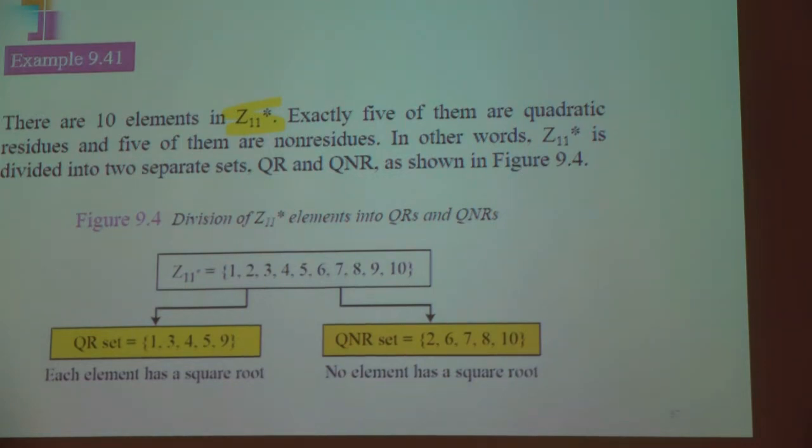In other words, multiplicative Z11 is divided into halves, one half QR, the other half QNR, as you see here. The members are 1, 2, 3, 4, 5, 6, 7, 8, 9, 10, and each element here has a square root, so they are part of the QR, and in here each element does not have a square root, so they are part of the QNR.